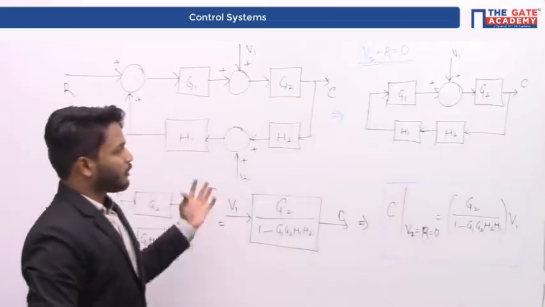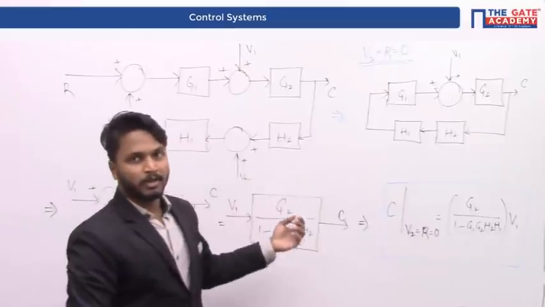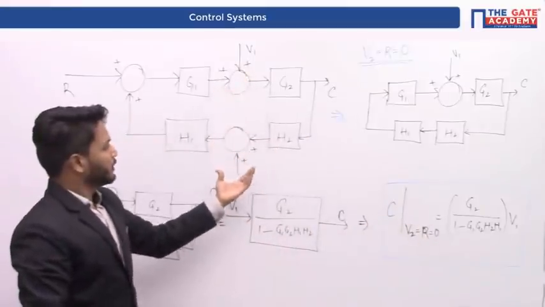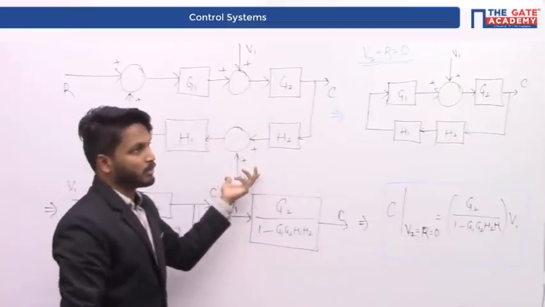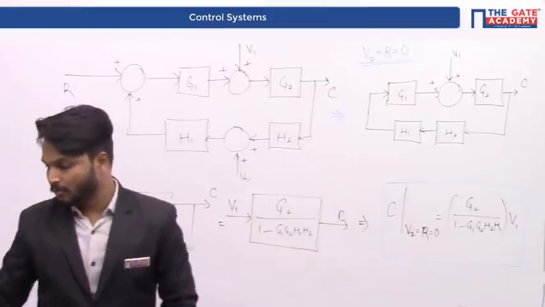Therefore, when all the three inputs are acting together, the output will be the output because of the input V1, plus the output because of this input, plus the output because of this input.